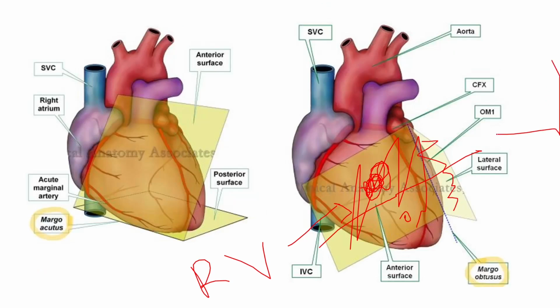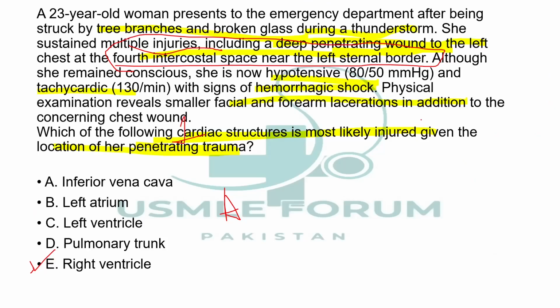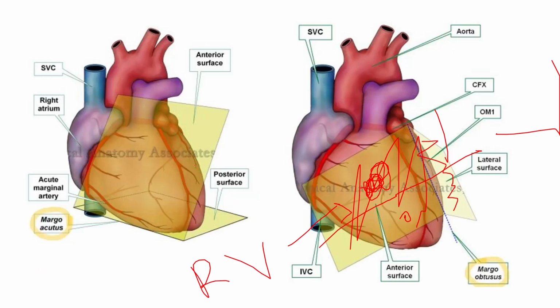If they had said that it penetrated the lateral surface, but they say it is near the left sternal border, right? If they had said the mid-axillary line or something along that line, it could have been the lateral surface.